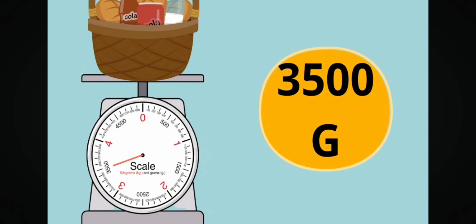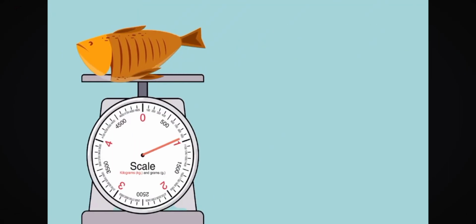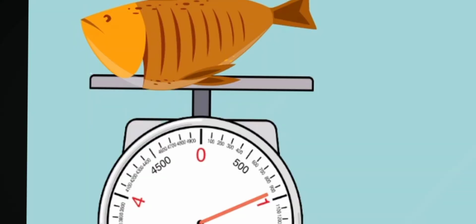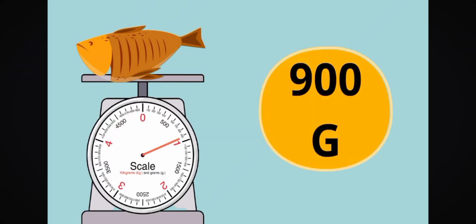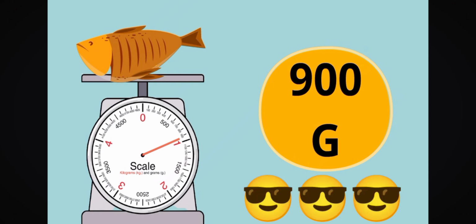Another way we could have said this answer using both kilograms and grams is by saying that it weighs 3 kilograms and 500 grams. Next up is this piece of fish. I wanted to let you take note that it's not exactly on the 1 kilogram yet. So what do you think it is? If you said 900 grams, then you are correct.